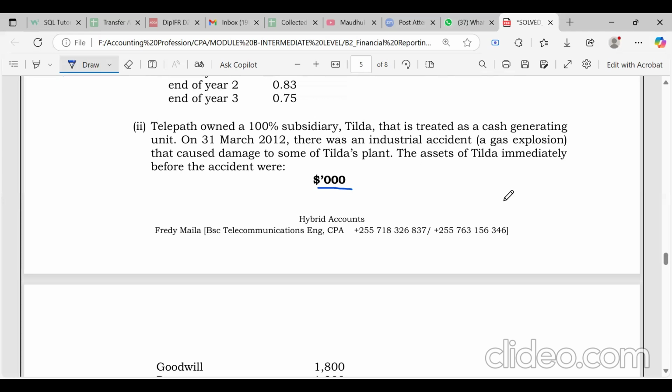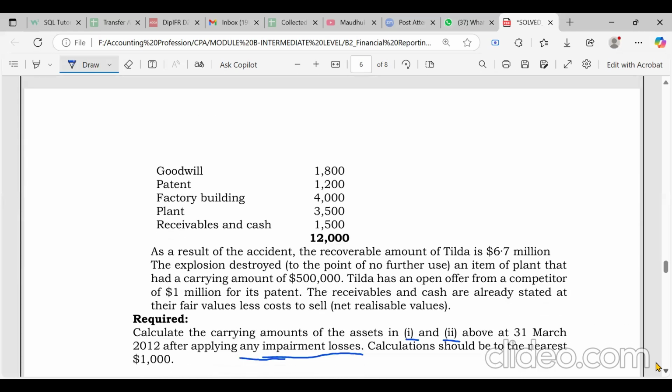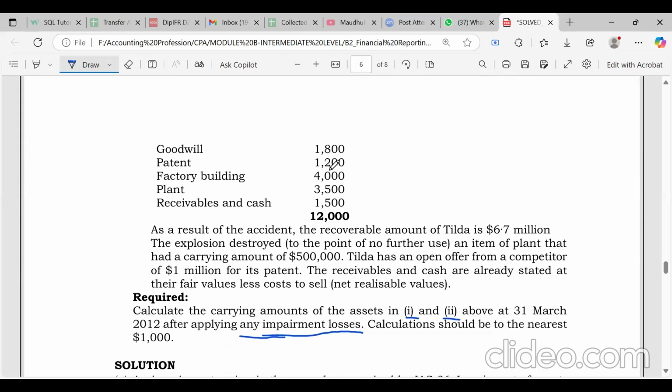The assets before the accident were as follows. We had goodwill, the patent as an intangible asset, the factory building, corporate PPE, plant PPE, and receivables and cash, which are the current assets.